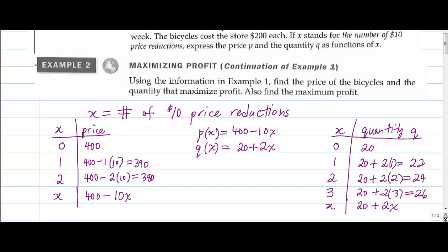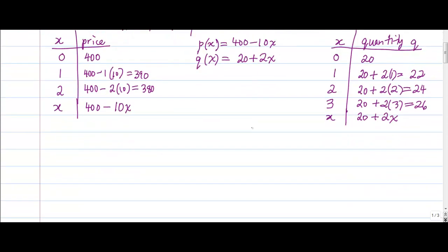Alright, and then it says use the information from example 3, find the price and the quantity that maximize profit, and also find the maximum profit. Okay, so let us look at that. So we want to maximize profit. Remember, profit is capital P of X. So profit is your price times quantity.